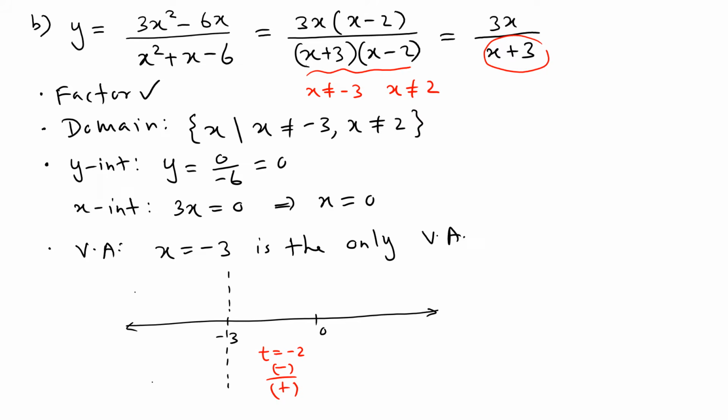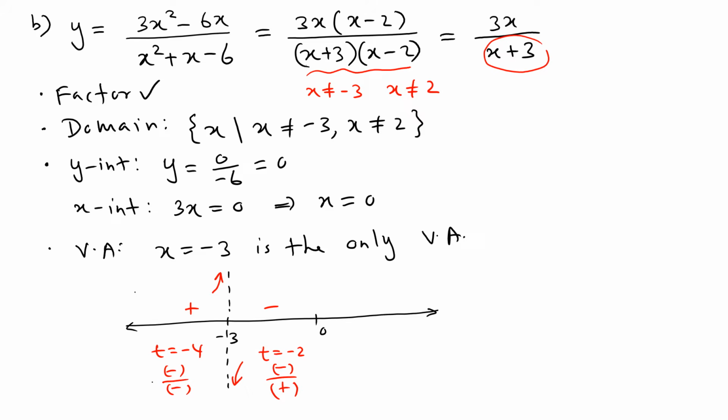We can plug into the simplified version, and you're going to get a negative. Then we plug in x equals -4 on this side, which is negative over negative, so two negatives mean positive. So that means the graph is going to go to -infinity on this side and +infinity on that side. Okay, so we have the information we need.